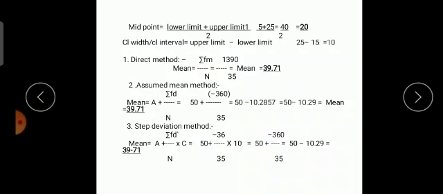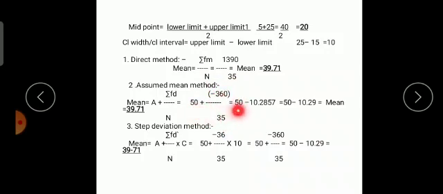Let's put it in the formula here. The assumed value is 50, summation fd is minus 360, and the n value is 35. So you first solve the division part, minus 360 divided by 35.